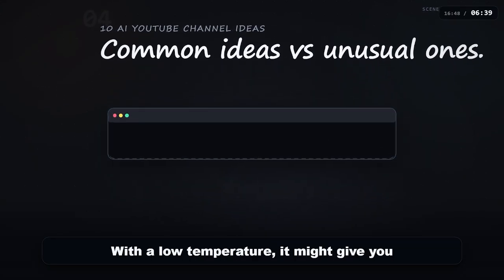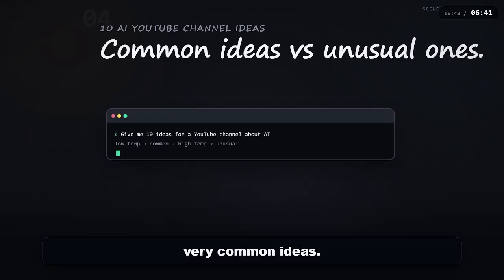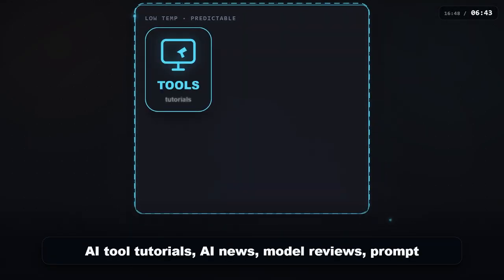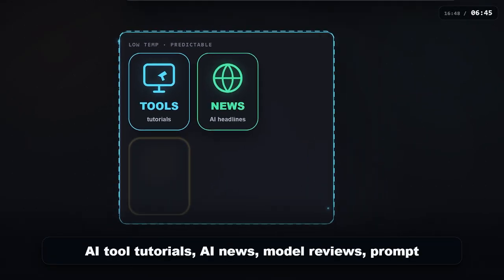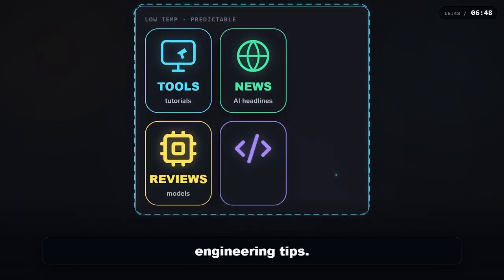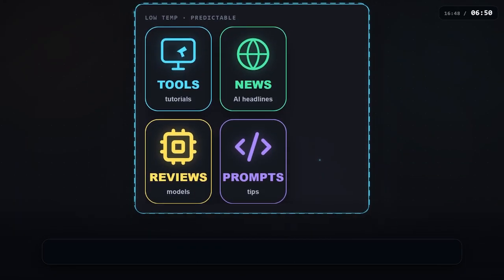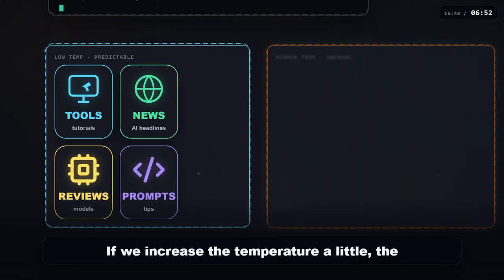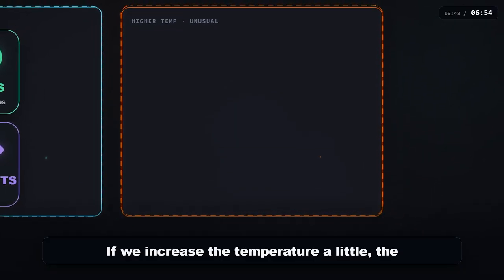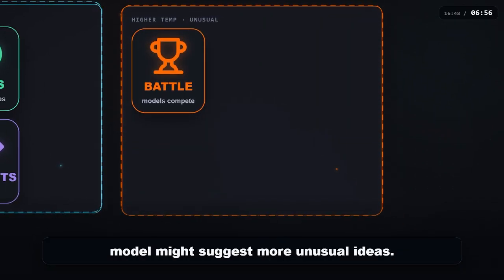With a low temperature, it might give you very common ideas. AI tool tutorials, AI news, model reviews, prompt engineering tips. These ideas aren't bad, they're just very predictable. If we increase the temperature a little, the model might suggest more unusual ideas.